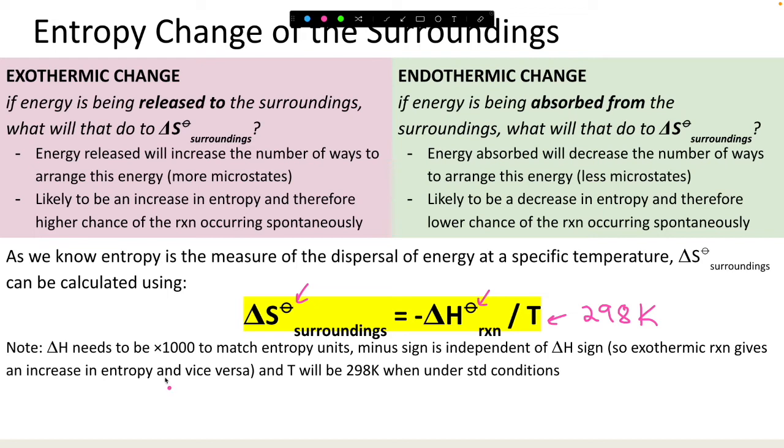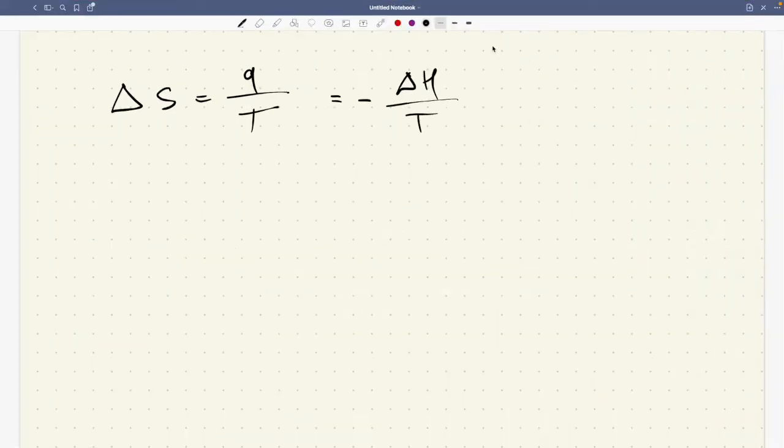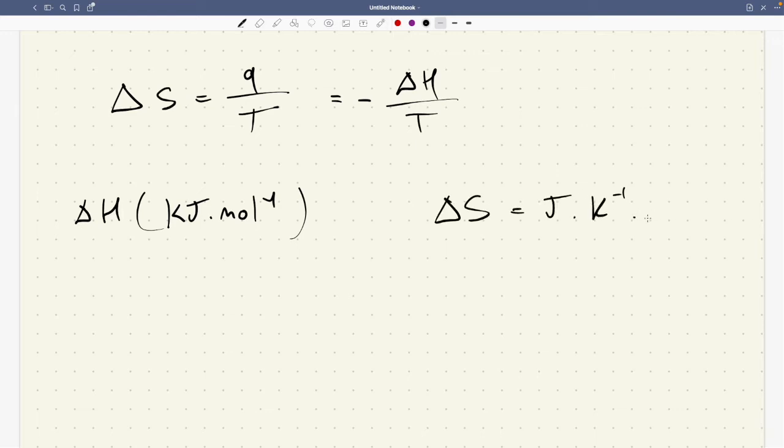Also, very important to note, our ΔH values are often given in kilojoules per mole, but our entropies, as we've been seeing, are in joules per kelvin per mole. So we have an incongruency between our units. Very important: if the enthalpy is in kilojoules per mole, we need to multiply by 1,000 to make sure the units are congruent with one another and can be used in this equation together.